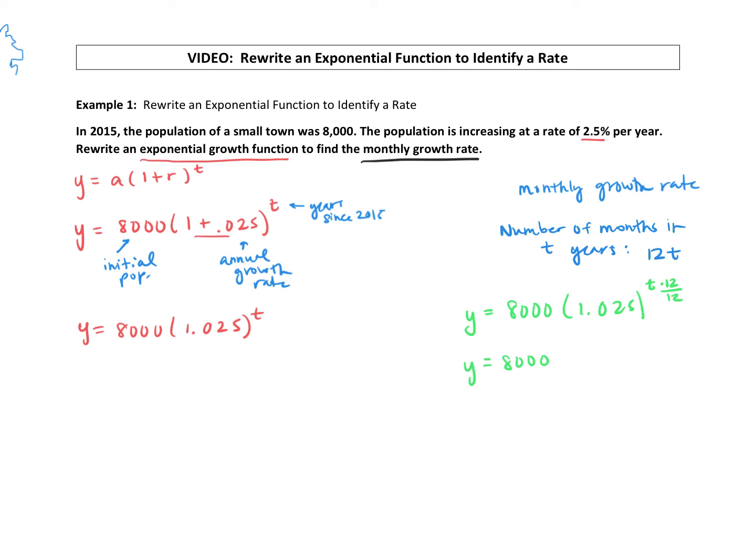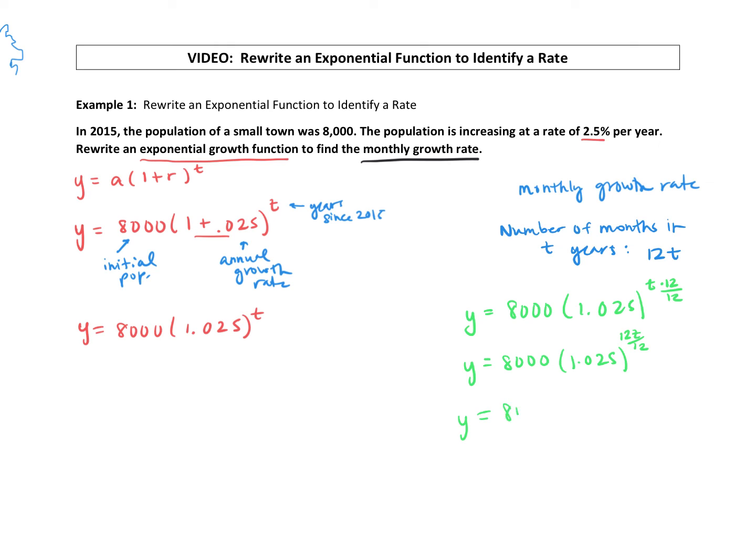This 8,000 is going to stay the same. And then we have 1.025. Well, t times 12 over 12 is 12t over 12. Now, it's very tempting to just cancel those 12s out, but we wanted a 12 over 12, so we know that we're really just multiplying by a 1.